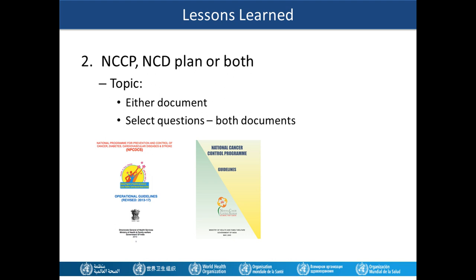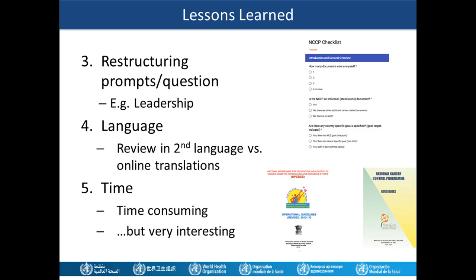So another purpose of this review is to answer the question, do countries have strong plans in cancer if they don't in fact have a cancer-specific plan? To answer that more robustly, within the questionnaire we have specific questions that ask, is this in the NCD plan, is this in the cancer plan, or is this in both?